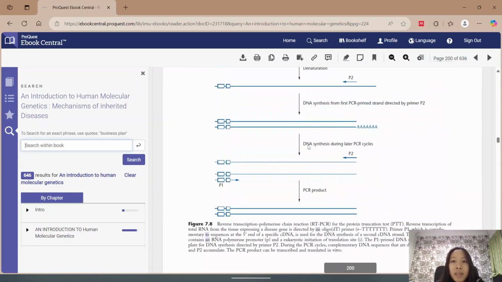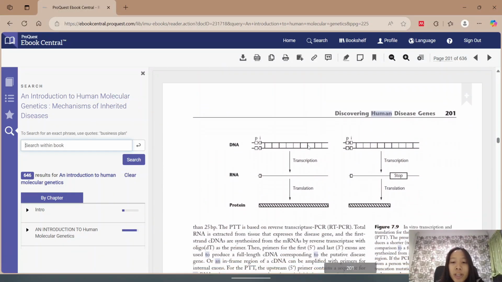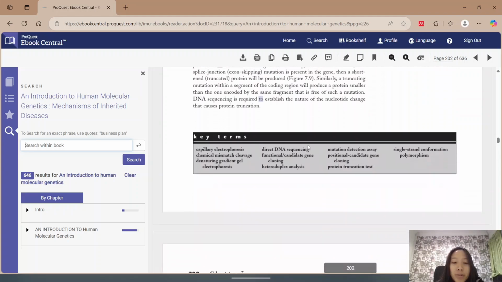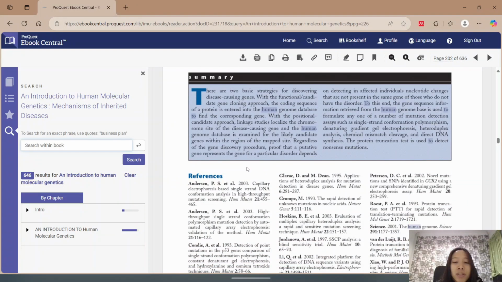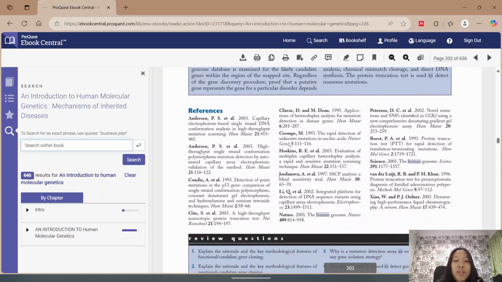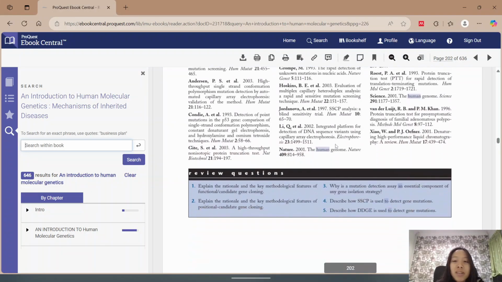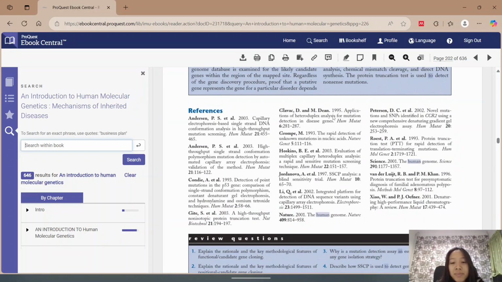A summary will be given for each section, so it will help you to have a better understanding of the section. It will also show us the references so we can do some reference work regarding the book itself.